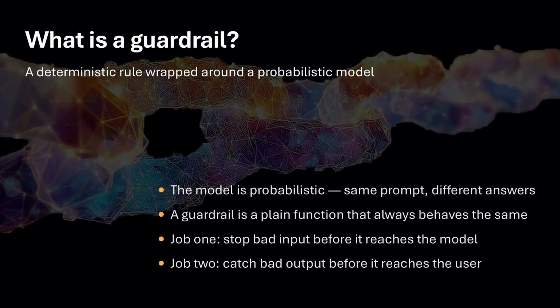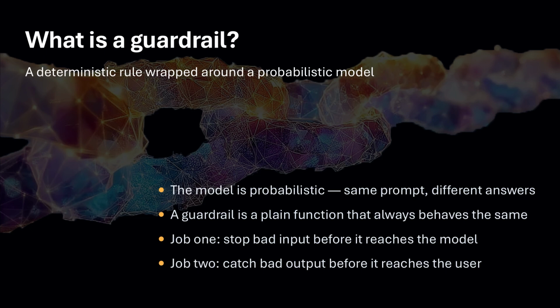First, what actually is a guardrail? A model is probabilistic, so you can give it the same prompt twice and get 2 different answers. That is powerful, but it means you cannot fully trust what goes in or what comes out. A guardrail is the deterministic rule you put around the agent.